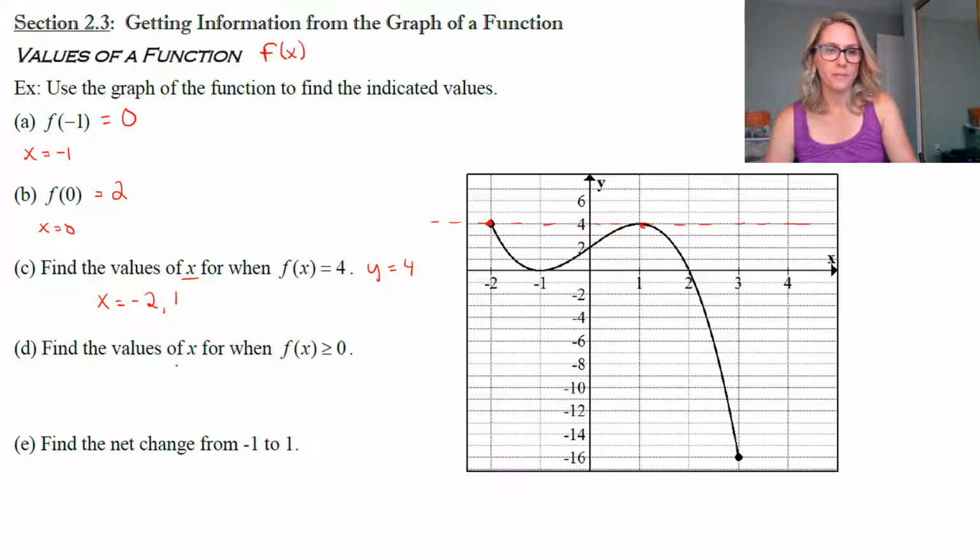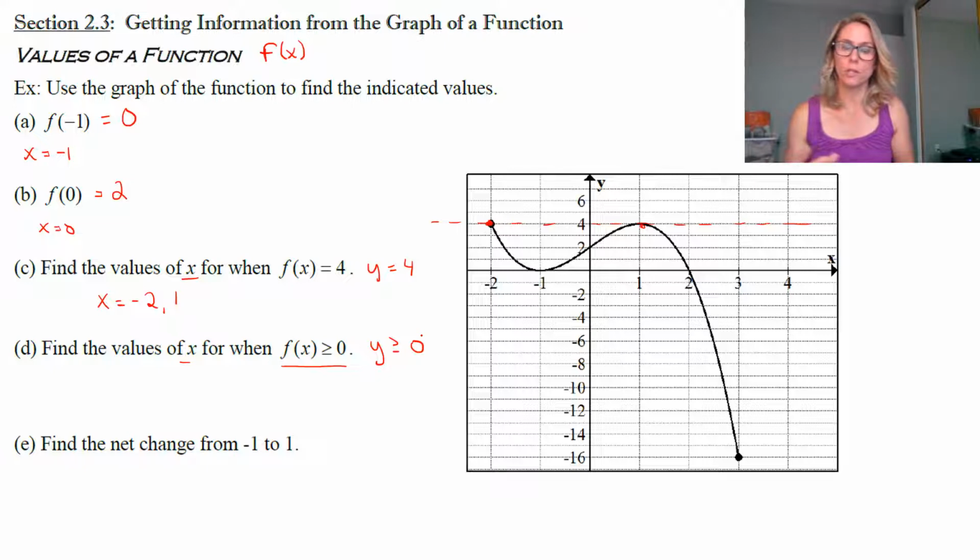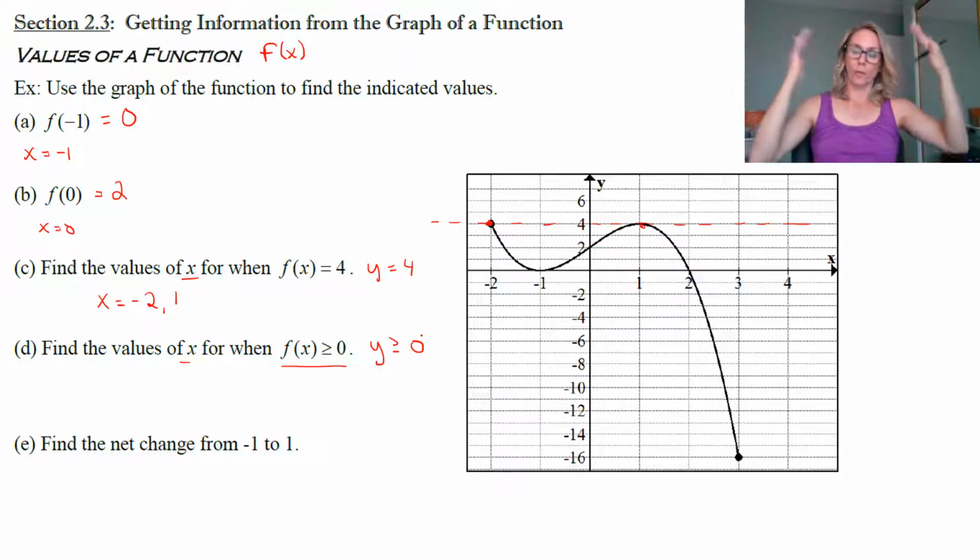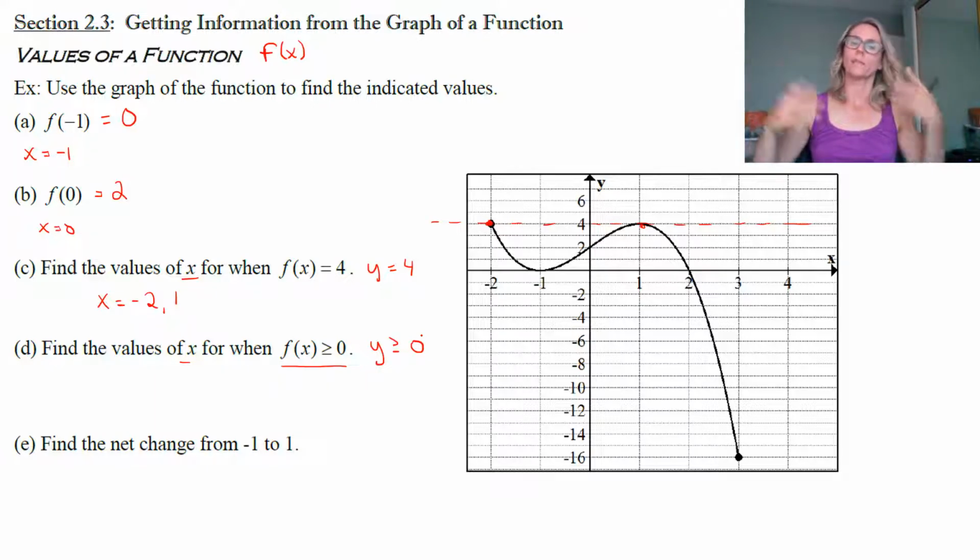Now we're being asked to find the values of x when f of x is greater than or equal to 0. If it's easier to see, there's no reason to not just change it to y being greater than or equal to 0. So it's telling us, whenever you have a y value that is 0 or positive, what are the x values for which we have that?